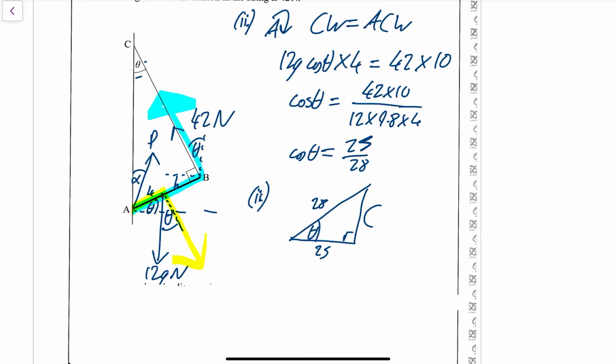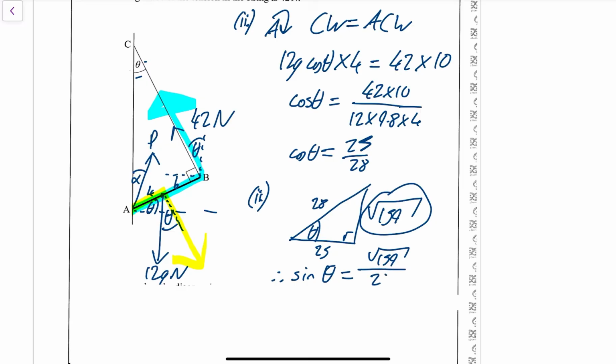By using Pythagoras, that side there is going to be the square root of 28 squared minus 25 squared. When I did that out, I got a not too nice answer, the square root of 159. That means sine theta is equal to opposite, square root of 159, all over the hypotenuse, which is 28.